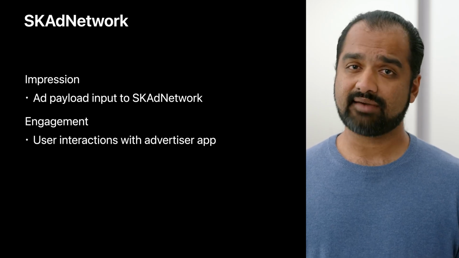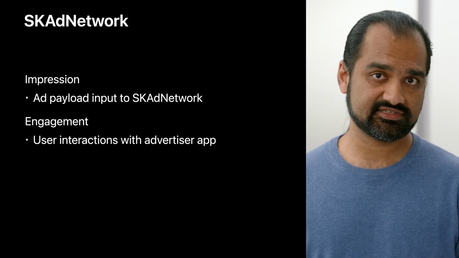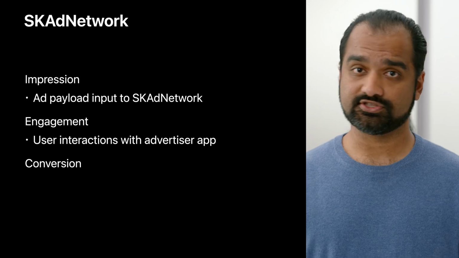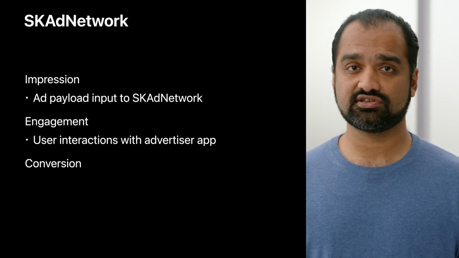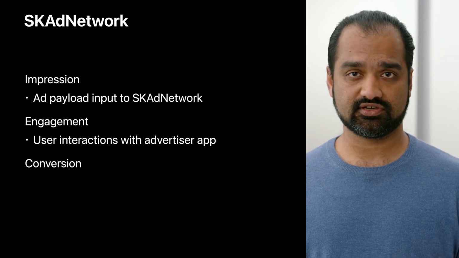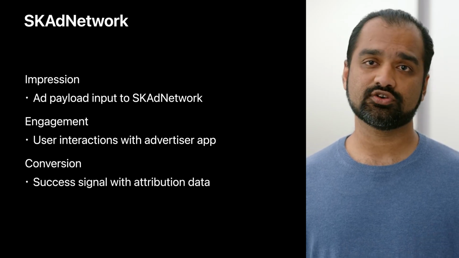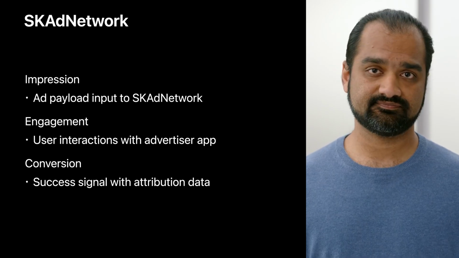The advertiser app captures these engagements in the form of conversion value updates. And finally, conversions, which are also called postbacks. The postback contains attribution data which is sent to the ad network. The attribution data provides a signal to the ad network that this was a successful conversion of the original ad.